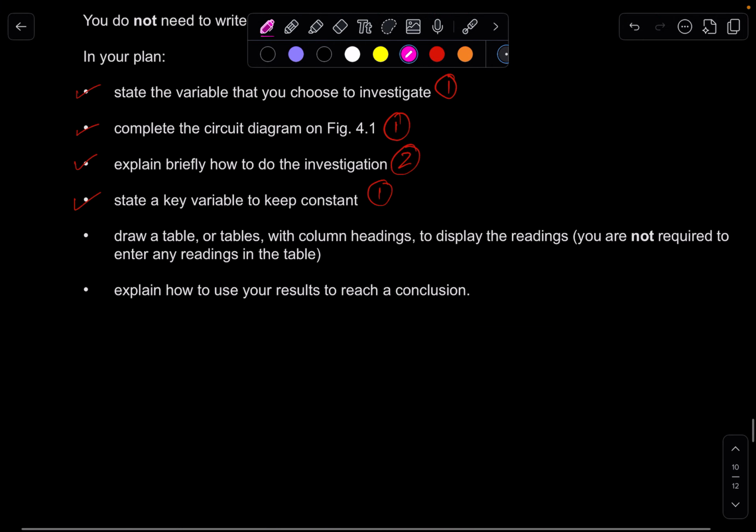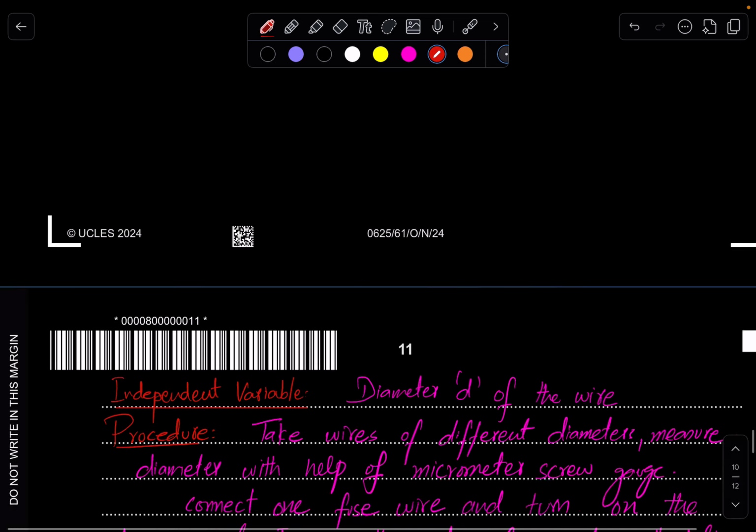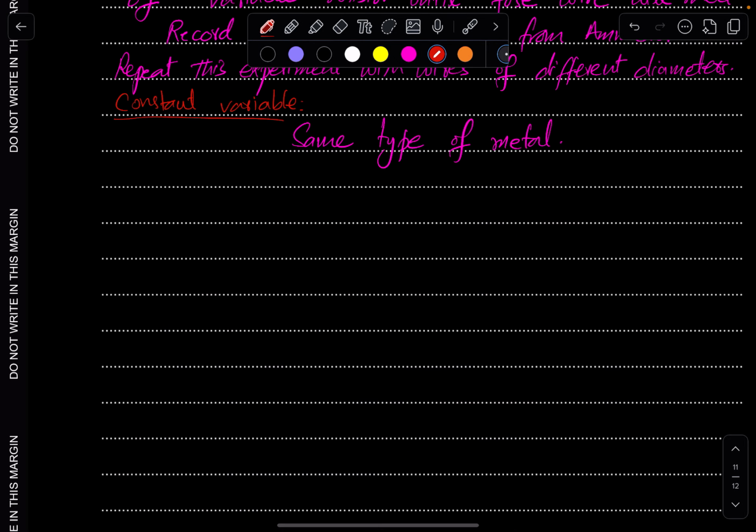The next thing is you have to draw a table with column headings to display the results, and you are not required to write down the readings. In any question you don't have to write down the readings. For the table we have one independent variable and one dependent variable.